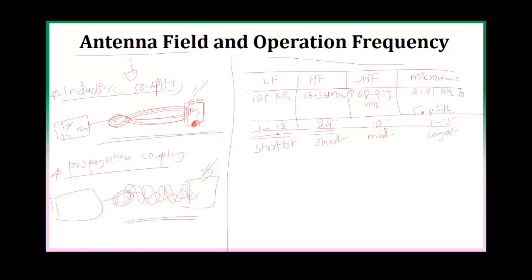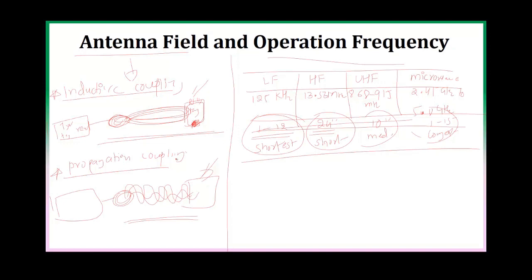I don't exactly remember these distances, but I'll come up with that. I suppose these are generally considered as shortest, short, medium, and longest. I do remember a value, but I don't understand why these are in inches. Okay, fine. So next one is the power sources.